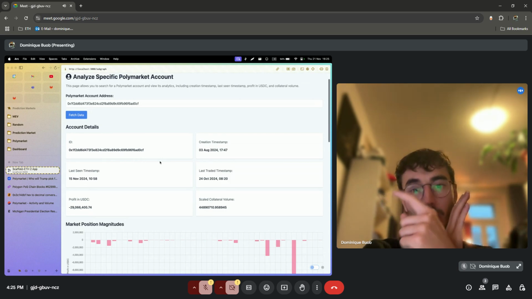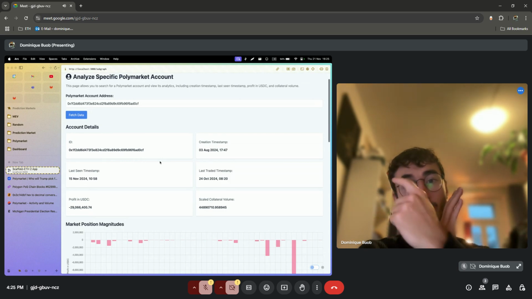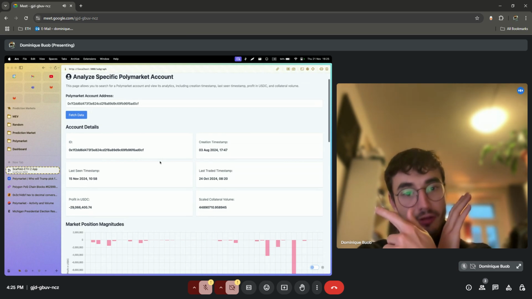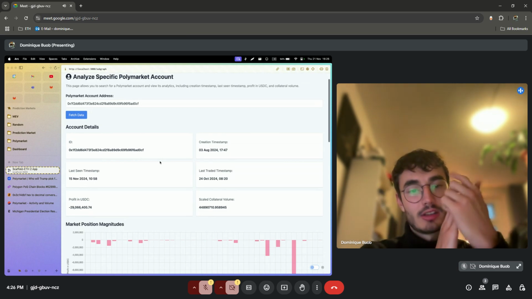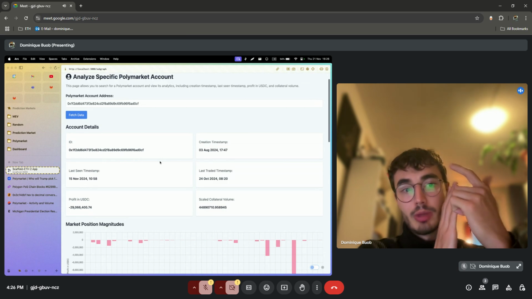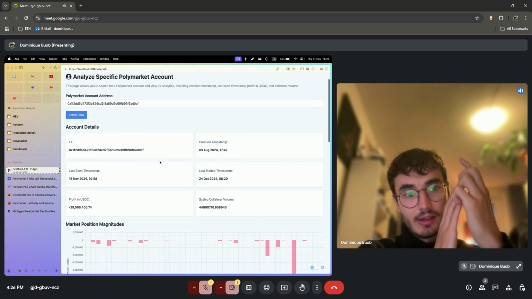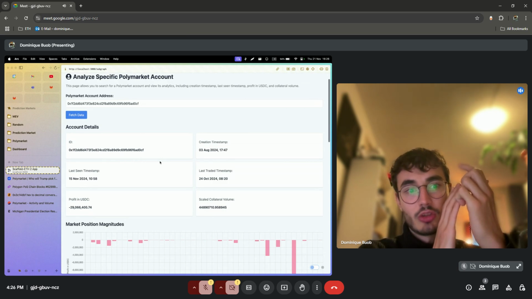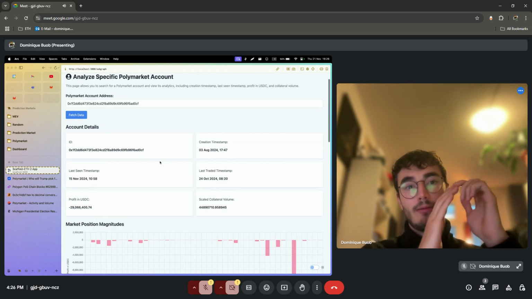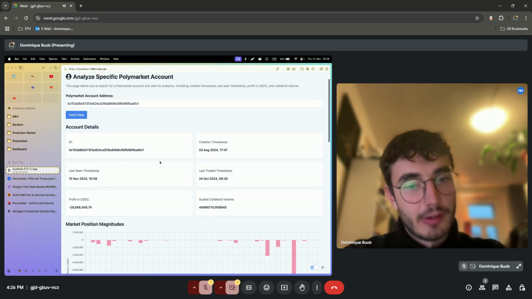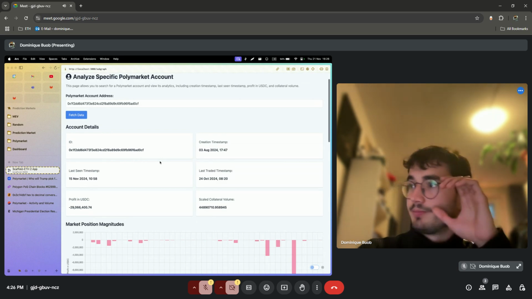Then some people in high profit with a huge number of transactions. And then also a lot of people in the very low transaction region, but with very high volume. So maybe insider information, stuff like that.